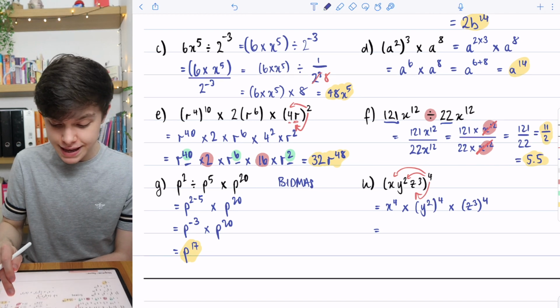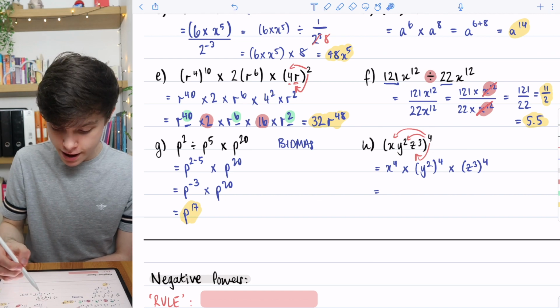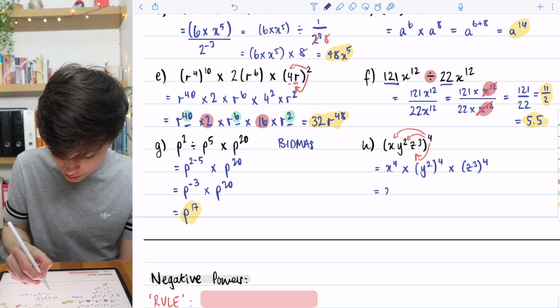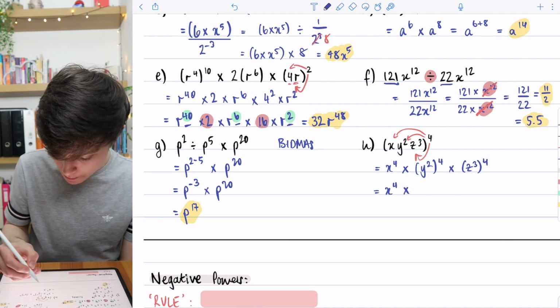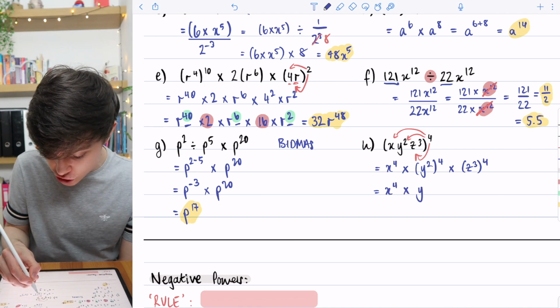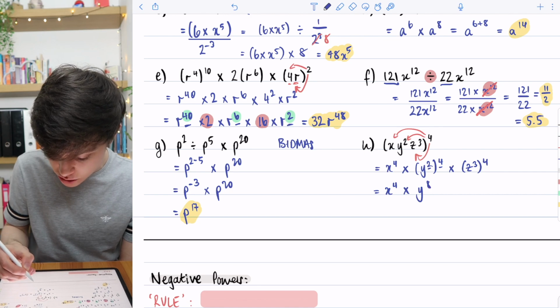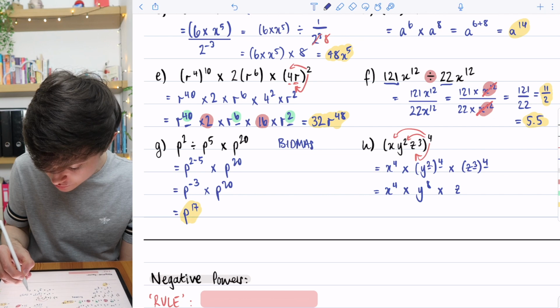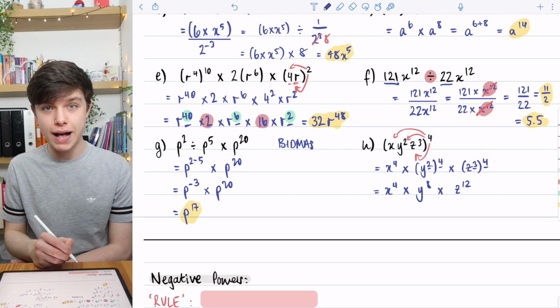And to merge them together, we're just going to multiply, because it is a power on a power. So let's have x to the 4 multiplied by y to the 2 times 4, which will give me 8, multiplied by z to the 3 times 4, which will give me 12.